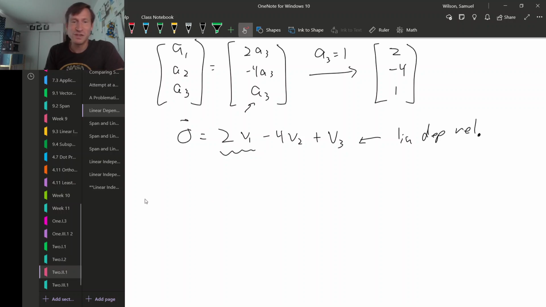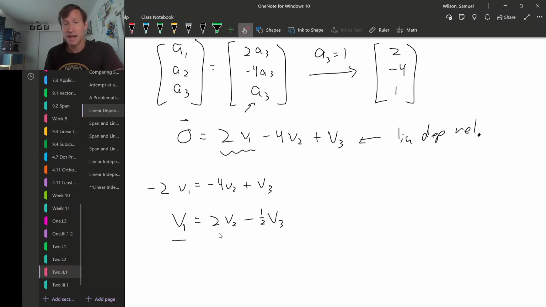Just move the v1 term to the other side. So -2v1 equals -4v2 plus v3. Then divide both sides by -2. So v1 is 2v2 minus 1/2 v3. And this displays v1 as a linear combination of v2 and v3.